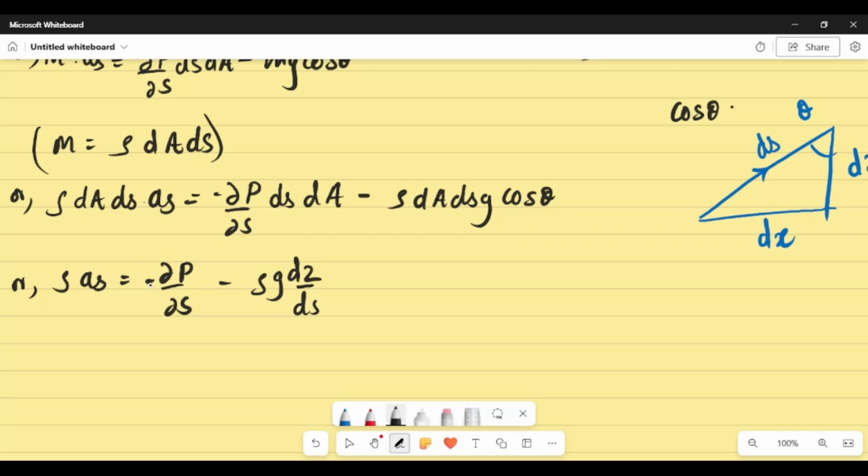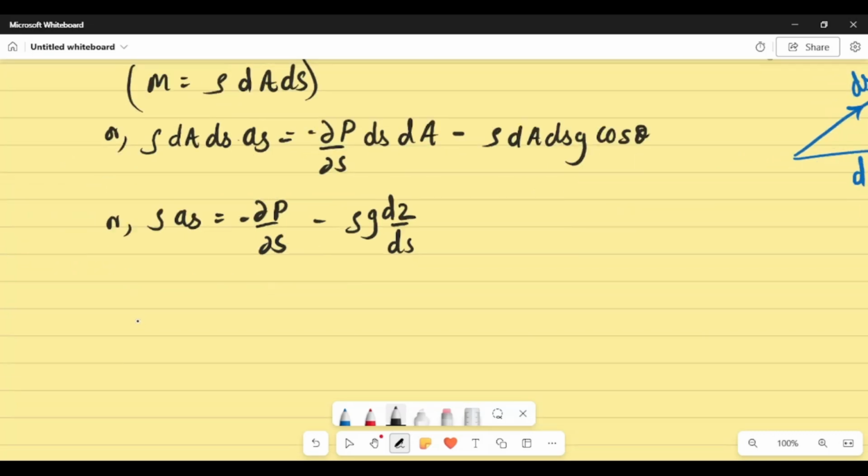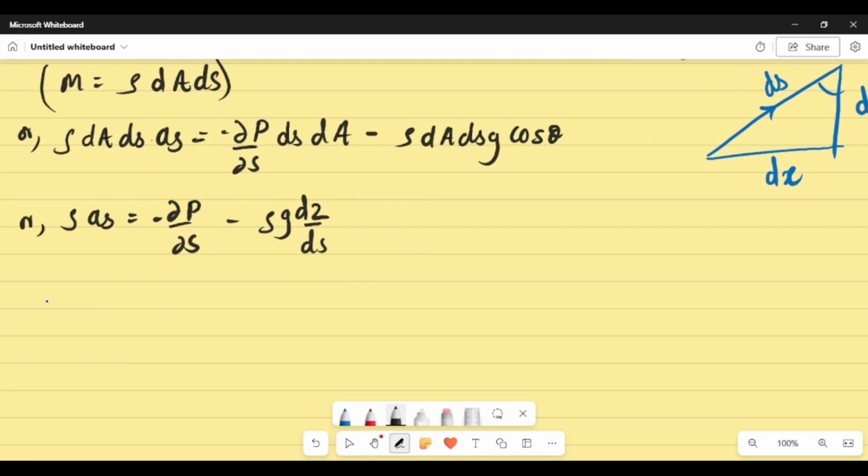So now we can write this expression as rho times a_s plus del P by del s plus rho g del z by del s equals 0.